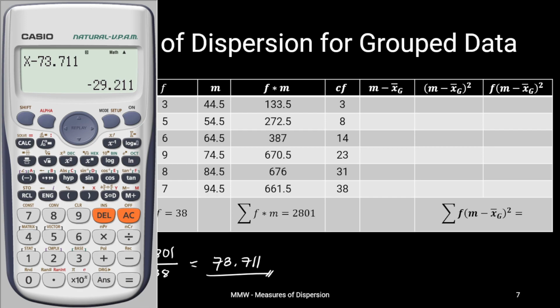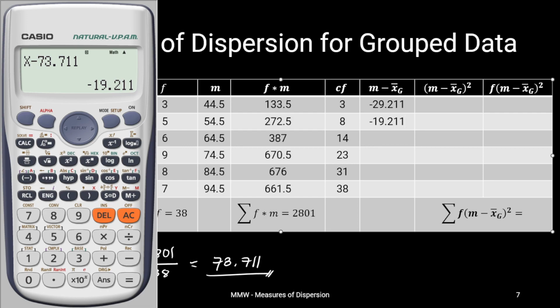So, lagay natin dito, we have negative 29.211. Next. So, for the next one, again, ganun na lang calc. Para mabilis, 54.5. So, we have negative 19.21. So, ano mapapansin ninyo? Nag-a-add lang ako ng 10.